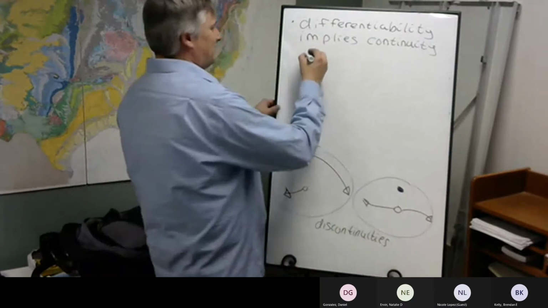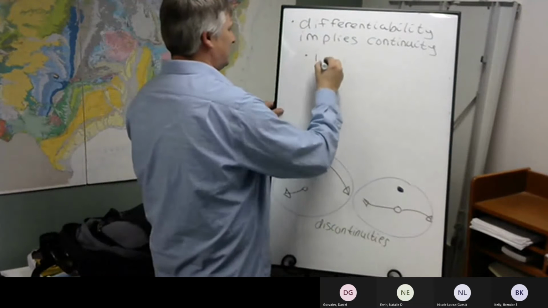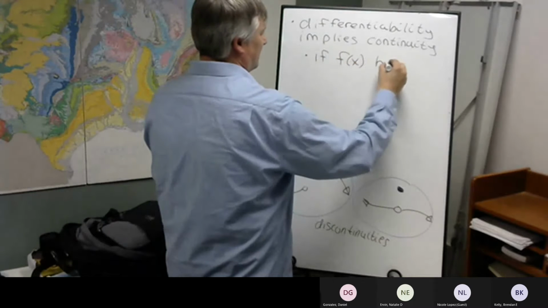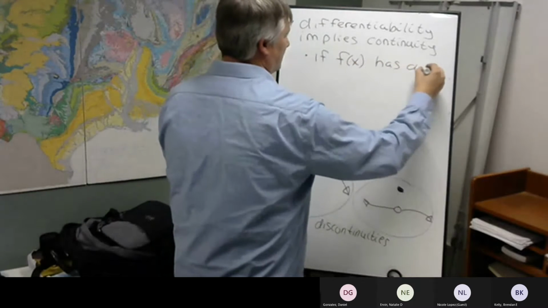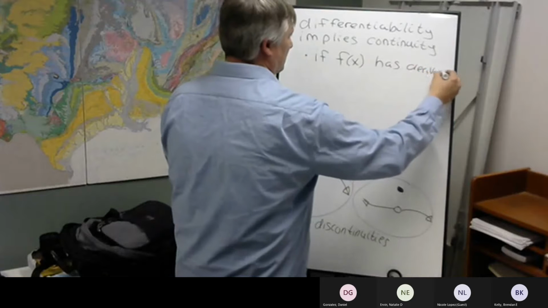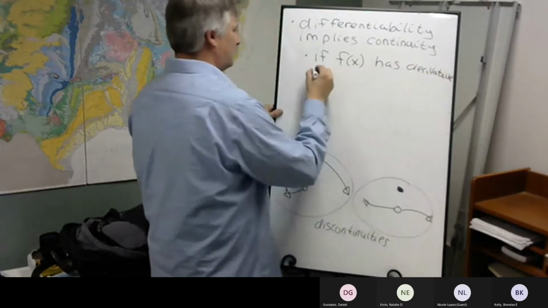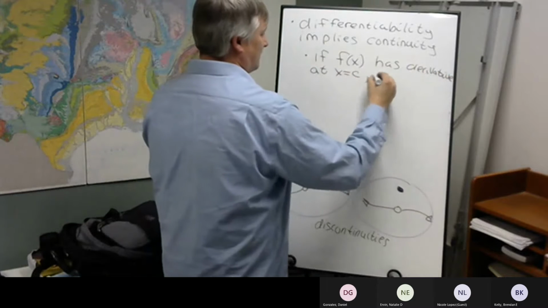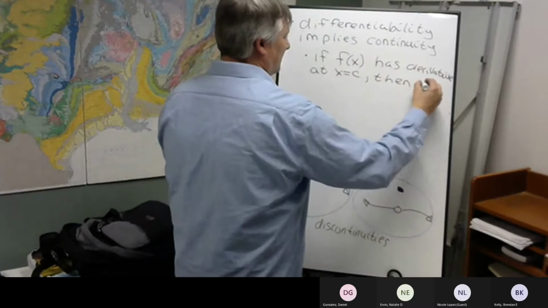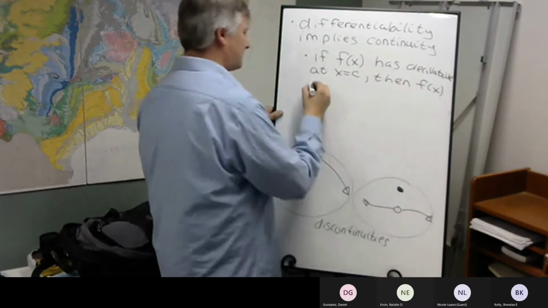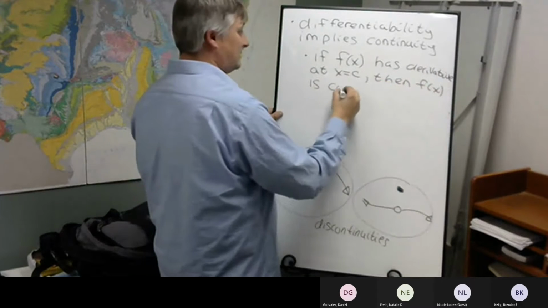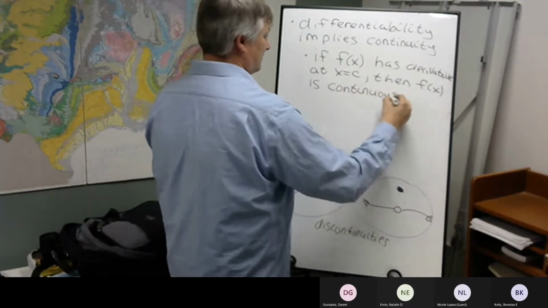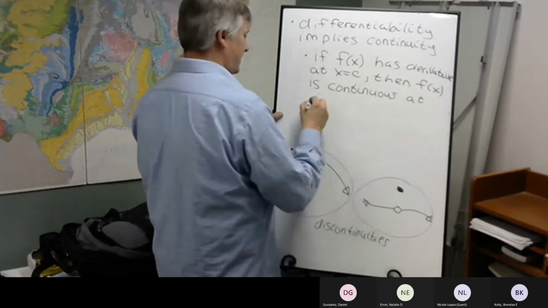So what this says, if f of x has a derivative at x equals c, then f of x is continuous at x equals c.